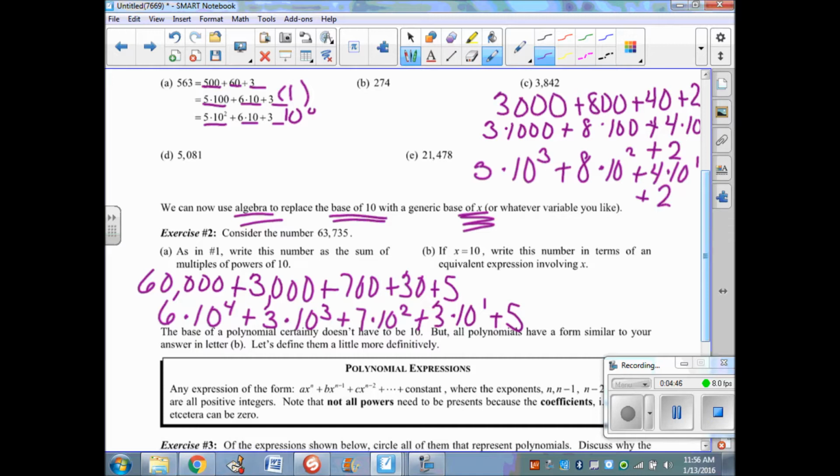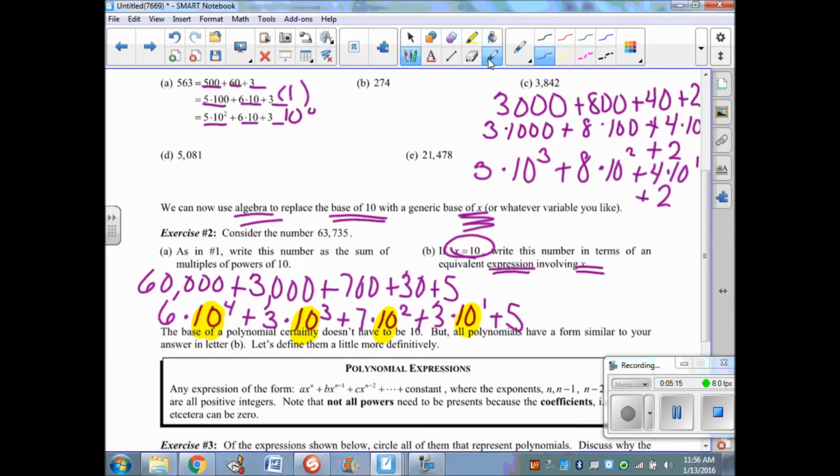Now it says, if x equals 10, write this number in terms of an equivalent expression. So an expression, no equal sign, involving x. Essentially we're going to put the x in place of the 10. We're replacing that 10 with an x.